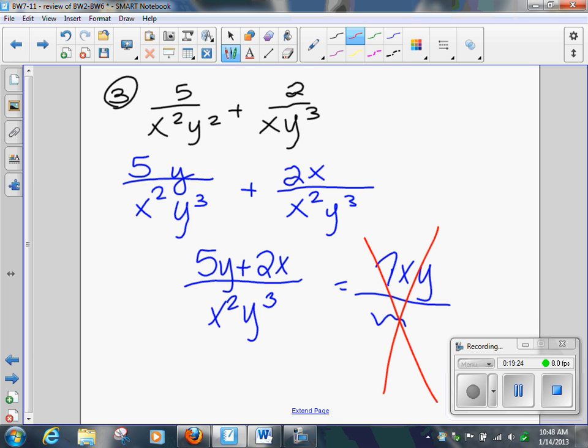No. 5 yaks and 2 xylophones do not mix. You cannot create 7 xylophone yaks. Can we, MC? Have you ever seen a xylophone yak or a yak xylophone? No. Don't do it. This is it. That's all I can do with that. That's it.